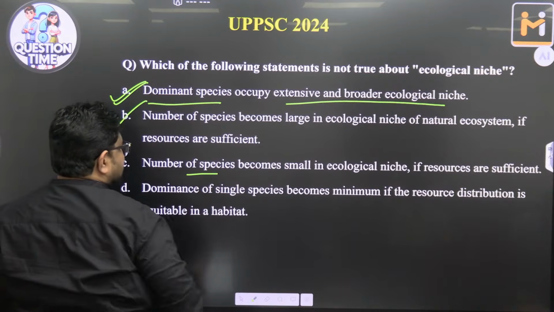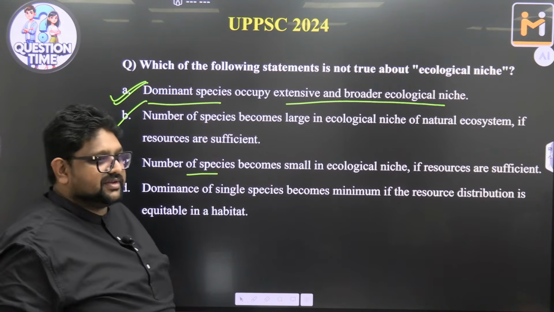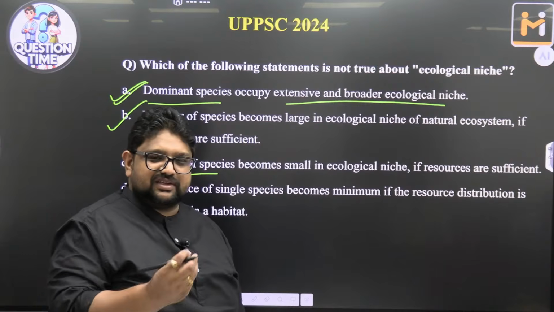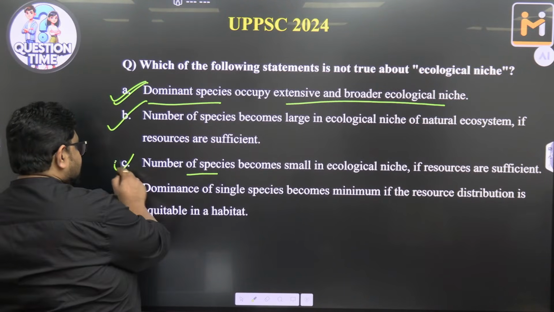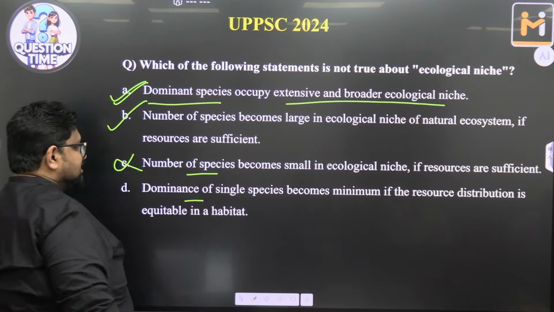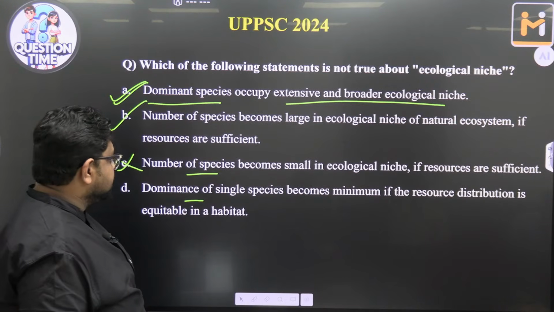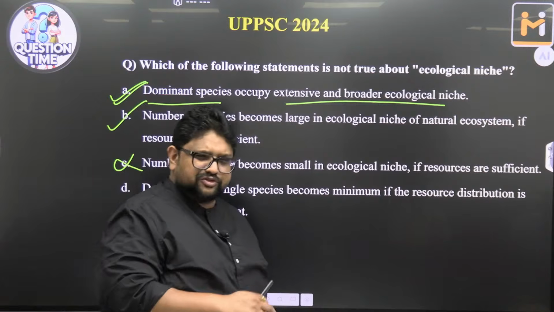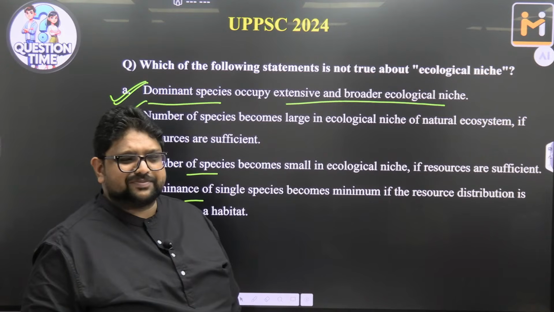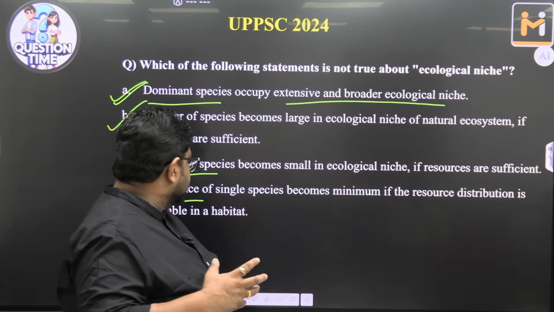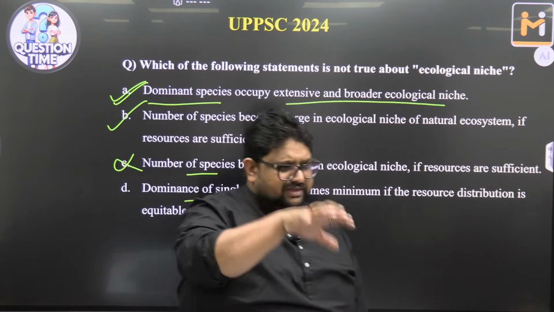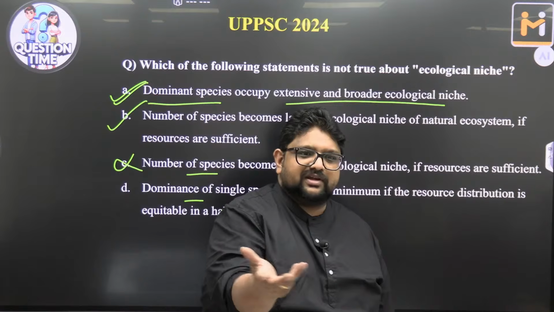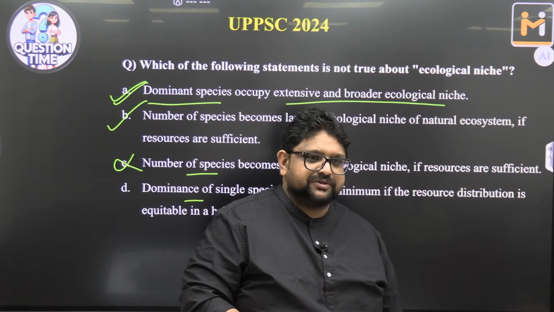Number of species becomes small in ecological niche if resources are sufficient. If resources are sufficient, the number of species becomes small. This is wrong. Dominance of a single species becomes minimum if the resource distribution is equitable. When resources are plentiful, the dominance of a single species decreases. Why would they dominate? They have a good number of resources.